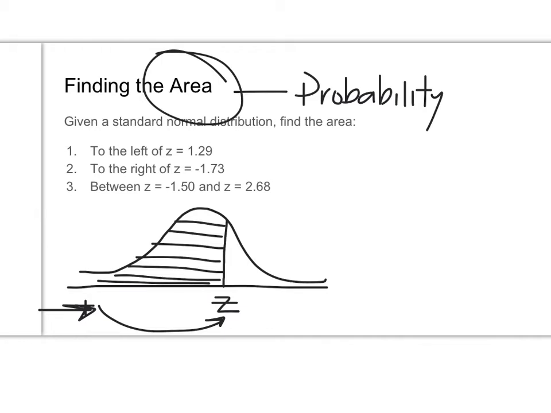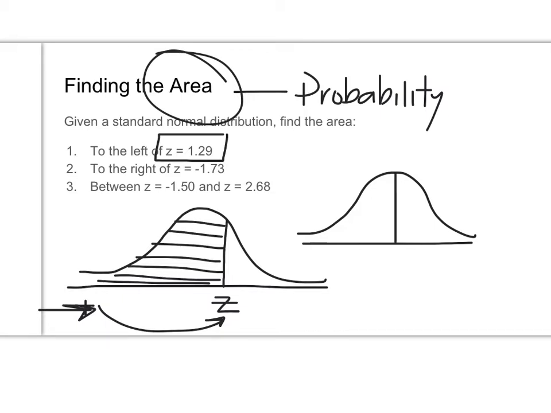Suppose you want to find the probability of an x value with a z-score of 1.29. So if we are going to create a standard normal distribution, we now know that the mean has been translated to 0.